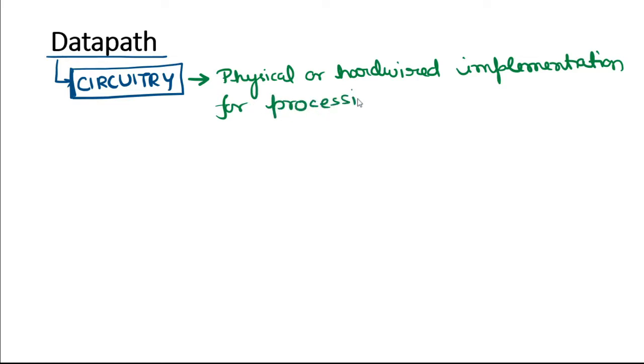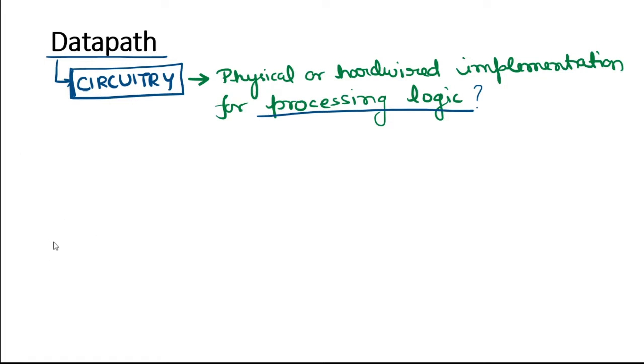Processing logic. Okay, it is an implementation of processing logic. Now the question arises, what exactly is a processing logic, right? What is processing logic? Now before understanding the processing logic, let me tell you one thing.